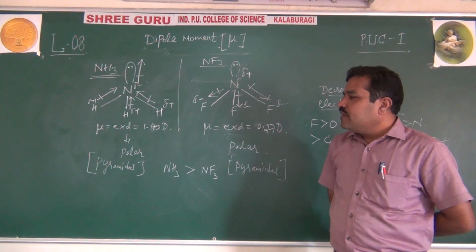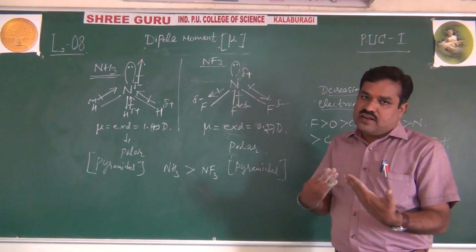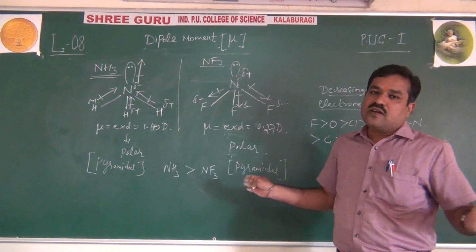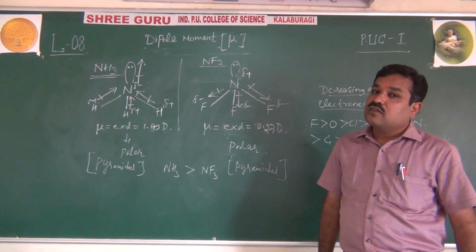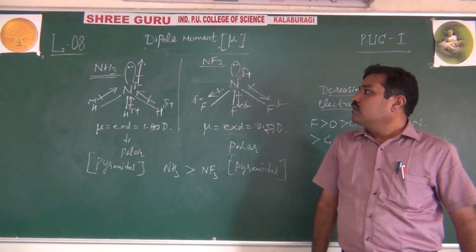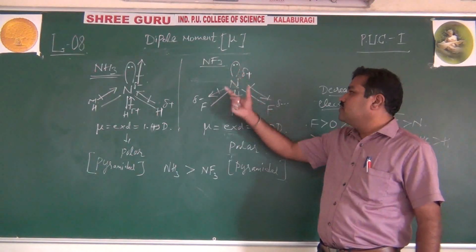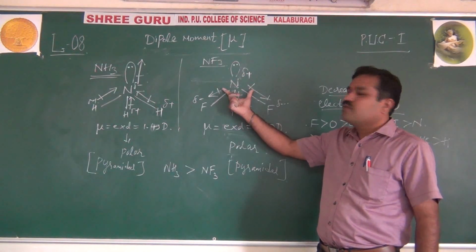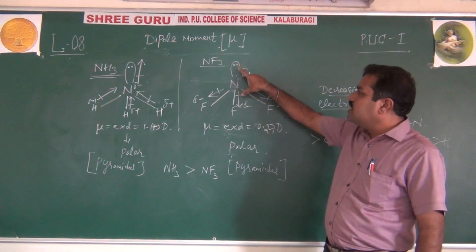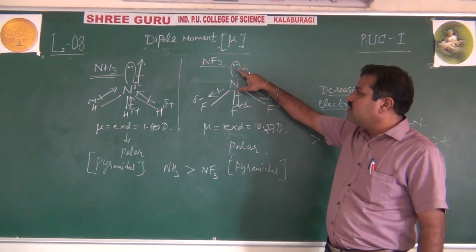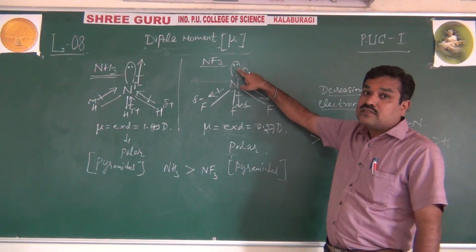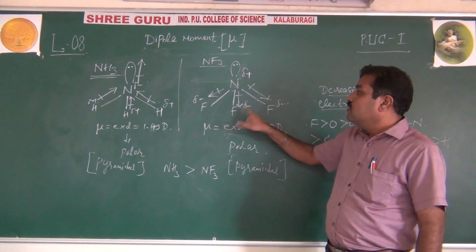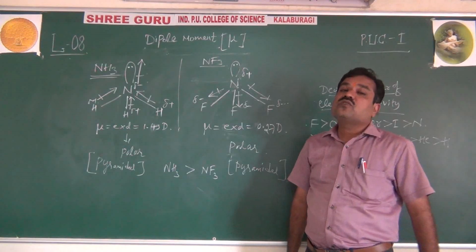If less electronegative, the moment is towards the atom; if more electronegative, away from the atom. That's why I told you it depends on both magnitude and direction. See here the bond moments. This is the opposite side now. This is also the opposite side, not like that. It is the lone pair of electrons. If there is a lone pair of electrons, definitely it will have some dipole moment. It will not cancel with this direction. Remember, each point to be noted.